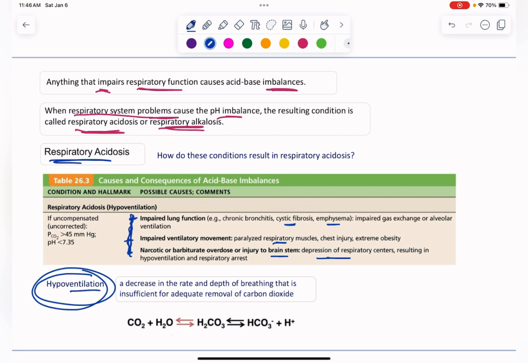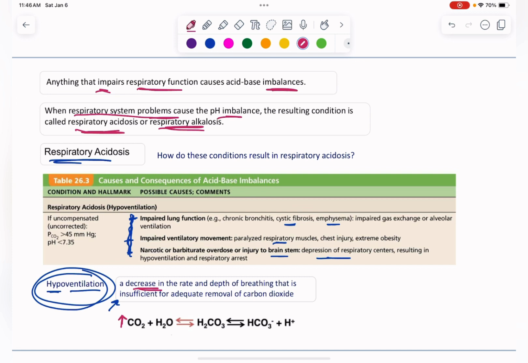Ventilation, breathing, hypo, a low amount of. So hypoventilation is a decrease in the rate and depth of breathing. And how does that result in acidosis? Well, if you have a decrease in pulmonary ventilation, that means that levels of CO2 in the body are going to, what are they going to do?